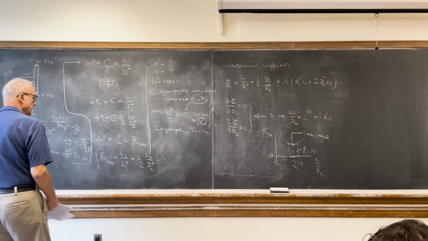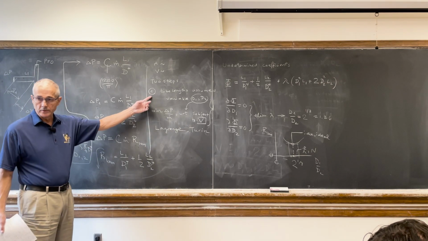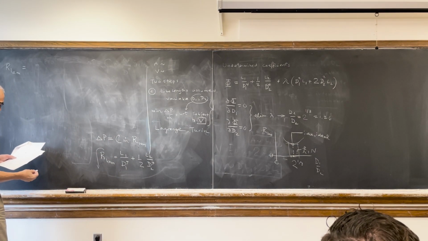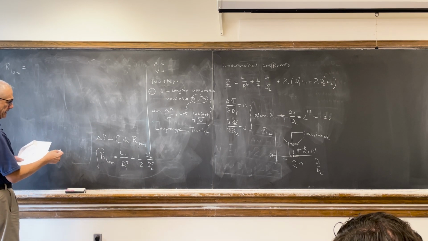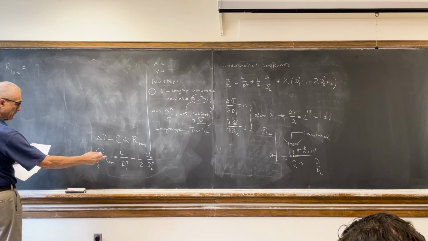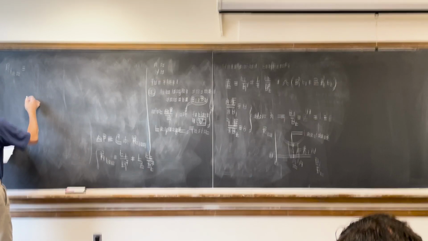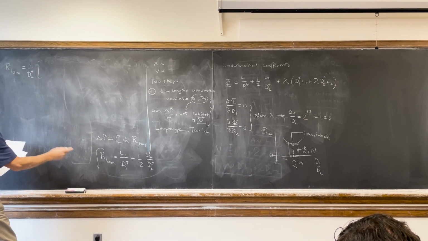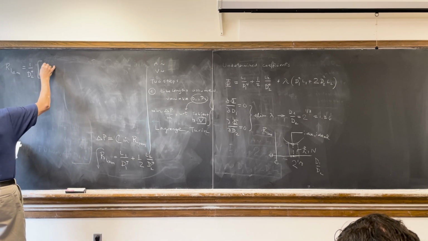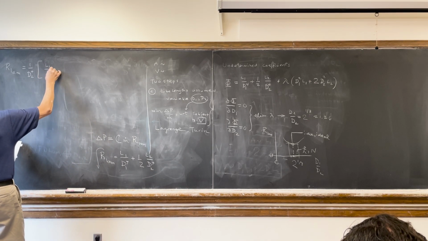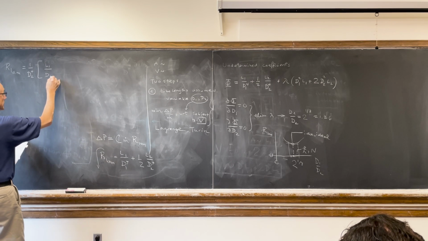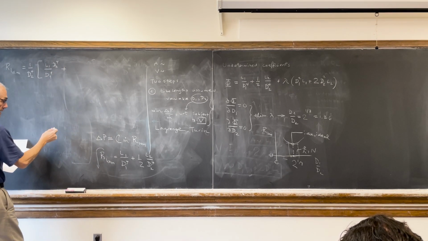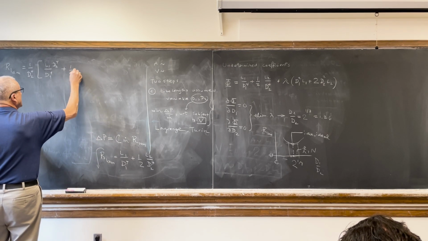The next step, it's step number 2. What I had there, I rewrite by factoring 1 over d2 to the 4th. And that gives me L1, and then d1 to the 4th over d2 to the 4th, plus 1/2 L2.